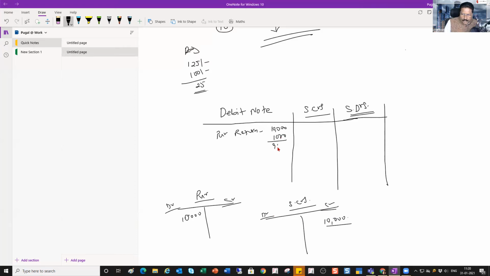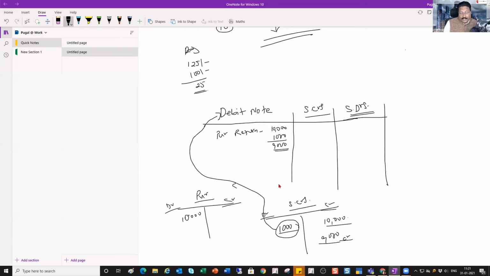Which means the net amount that you're going to pay at a later point in time is going to be 9,000, right? So how do I reduce this? We understood this in detail in the last session, so let's not keep repeating the same thing. So quickly, I'm going to now make a note on the debit side of my supplier so that my net outstanding is going to become 9,000 credit. So a note made on the debit side of the supplier ledger is what we call a debit note, right?